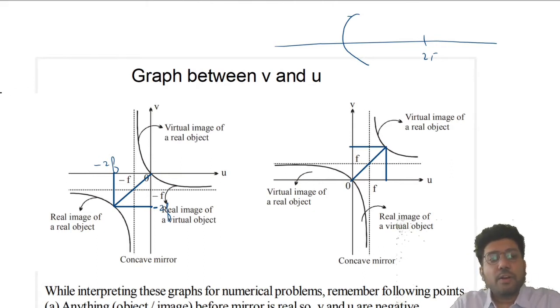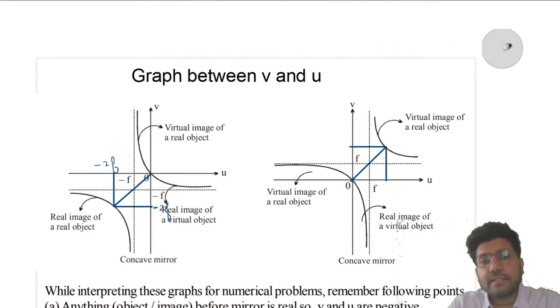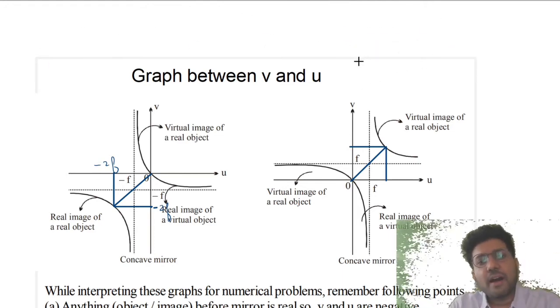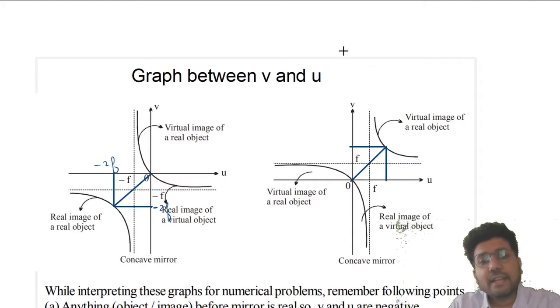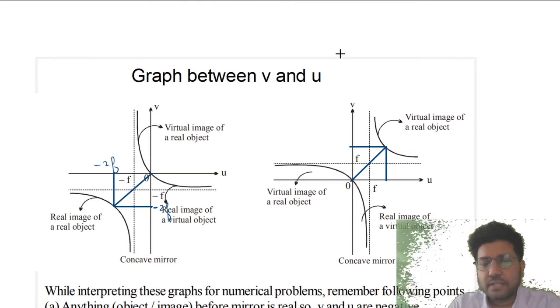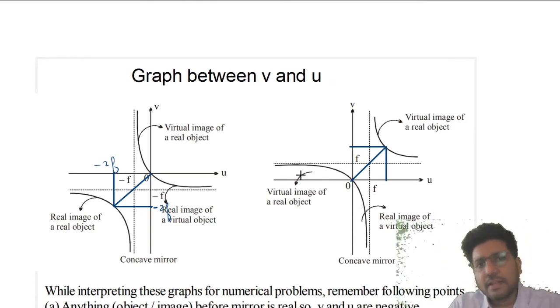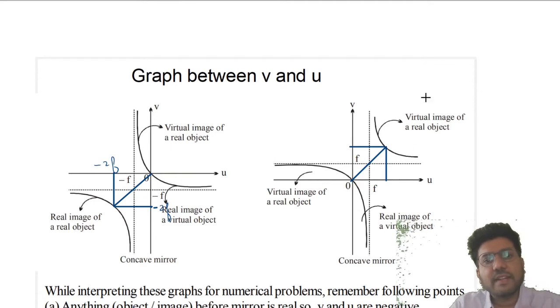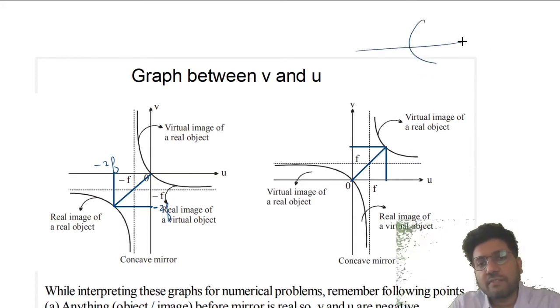Now if you remember, there is only one case when a convex mirror can form a real image, that is, a real image of a virtual object. For a real object, it can never form a real image, but for a virtual object, in one case it can form a real image, and that is when the virtual object is between pole and focus.